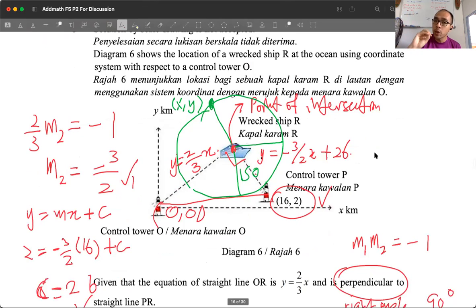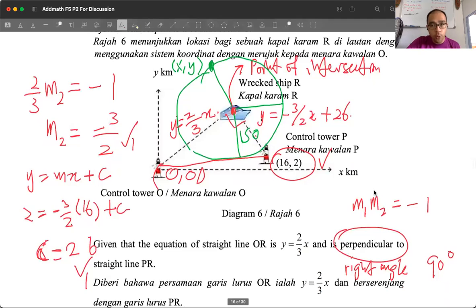So sebenarnya bukan soalan yang susah, cuma kemahiran itu yang kamu kena ada. You need to know what is the skill involved in order to answer the question. That's why actually coordinate geometry is a good question to practice because the skill tidak banyak berlari itu. Yang menjadikannya susah adalah again understanding the question.